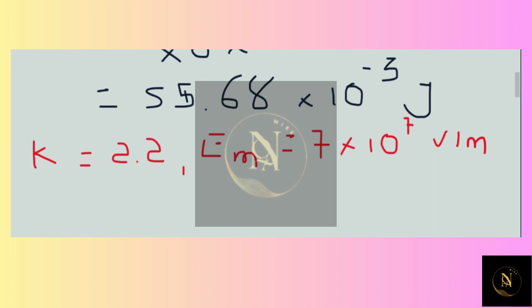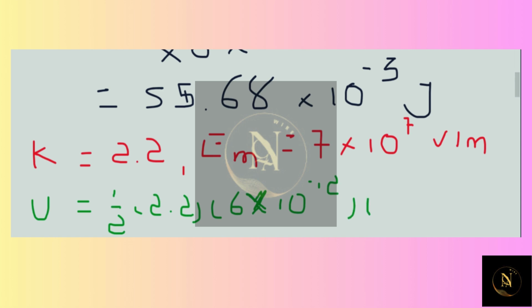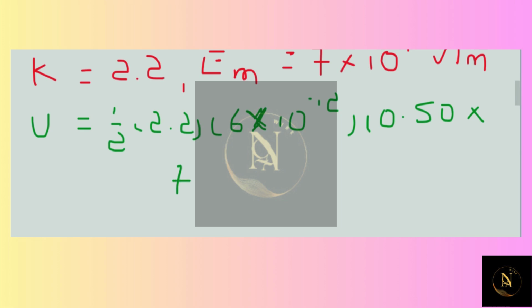In that case, again we are going to use the same formula for the U, and we can write 1/2 K is 2.2, C0 is 6 into 10 to power minus 12, into 0.50 into EM, which is 7 into 10 to power 7 volt per meter, into D, which is 0.0025, whole square.